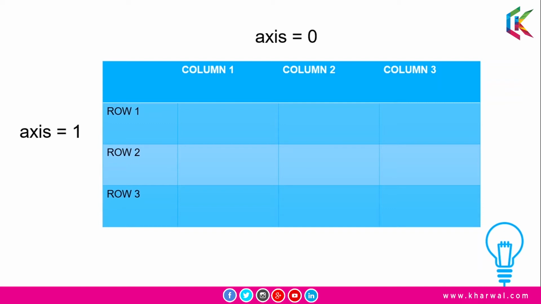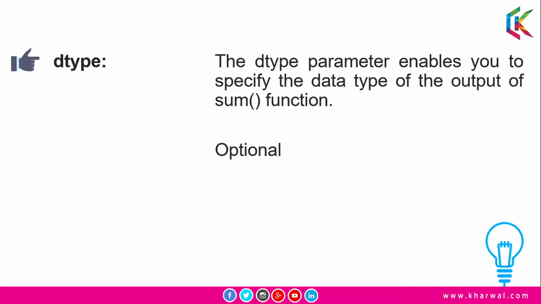So guys, now moving on to the next topic, and that is dtype. The dtype parameter enables you to specify the data type of the output of the sum function, and it is also an optional parameter.